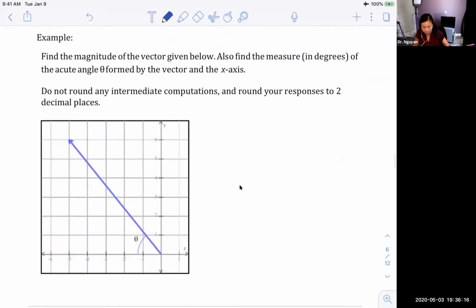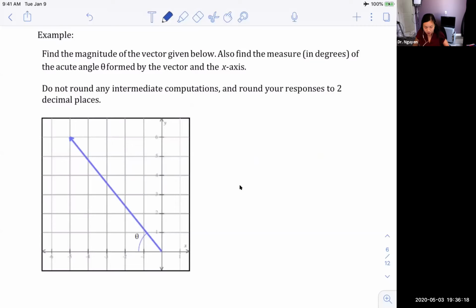Now, if I want to find the magnitude of the vector given the graph, and then also find theta, which is the angle. All right, so if you have the magnitude, you draw a and b, right? You want to complete the right triangle like that.